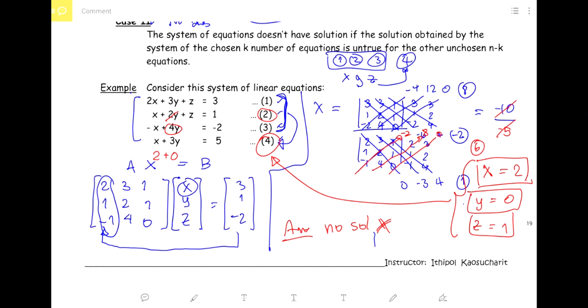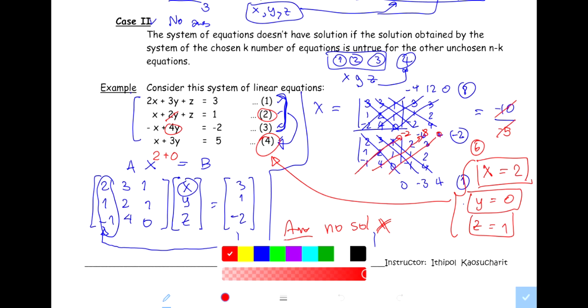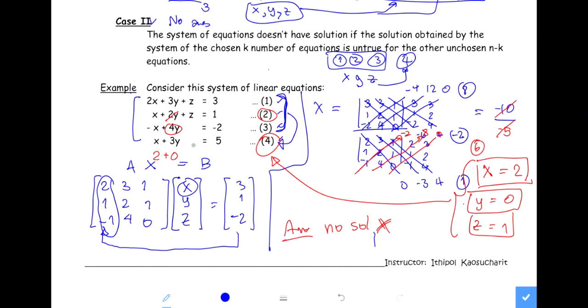But let's say I modify my fourth equation a little bit. 2 plus 0 cannot be 5. So maybe I add 3 times z, like this.